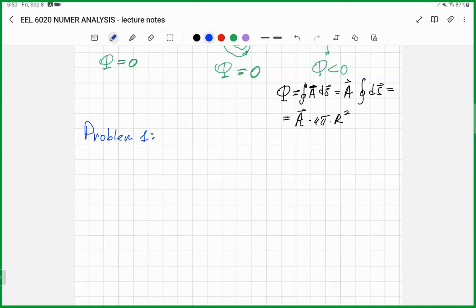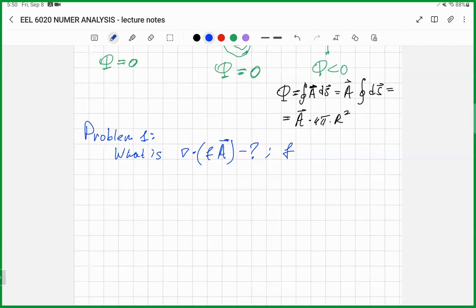Instead of considering other problems about divergence, let's consider this example, which is quite important for the future. So let us ask: what is the divergence of the product of a scalar function and a vector function?